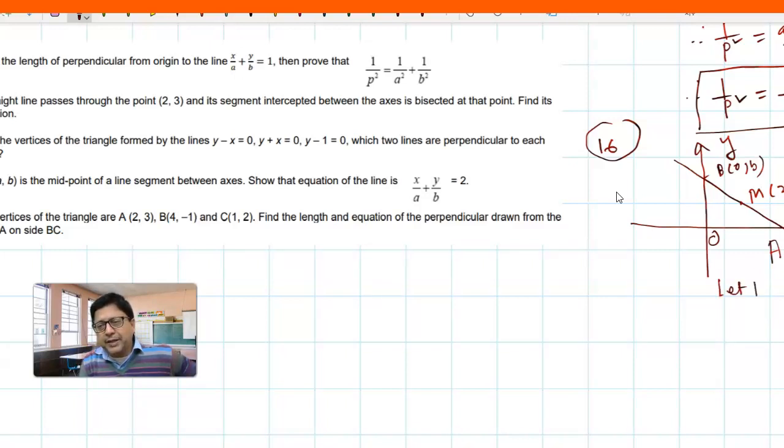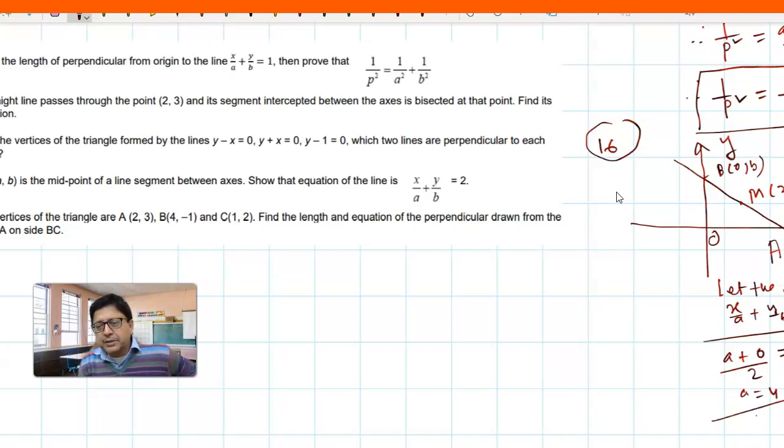Let the line be x by a plus y by b equal to 1. And what are a and b over there? a is the x-intercept, b is the y-intercept. So you put a plus 0 by 2. This is the midpoint, 2, so a equal to 4.